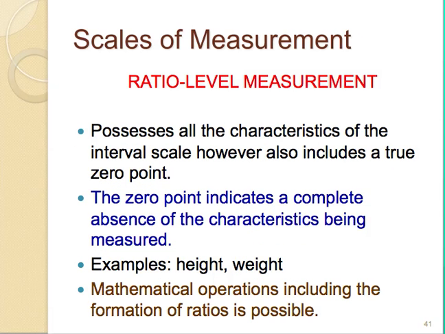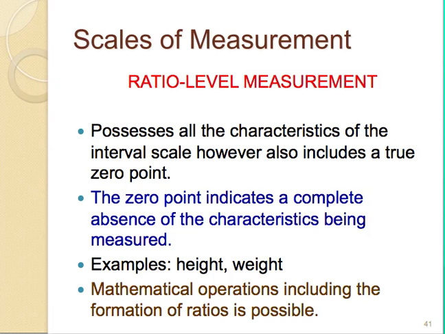With the ratio, there is zero. Okay, the zero point indicates a complete absence of the characteristic being measured. Okay, so height zero means there is an absence of height, right? And weight.